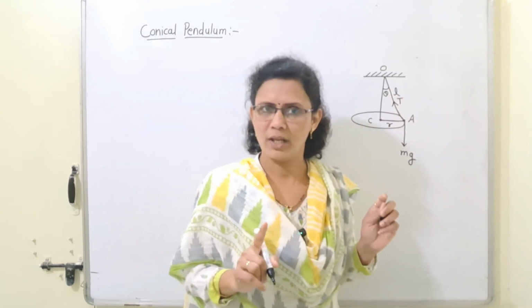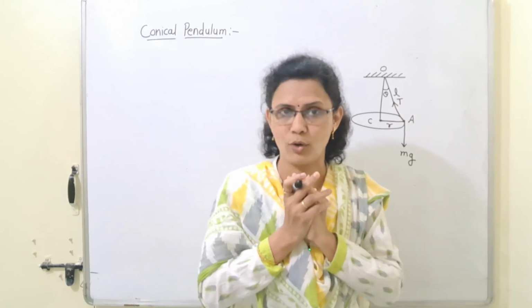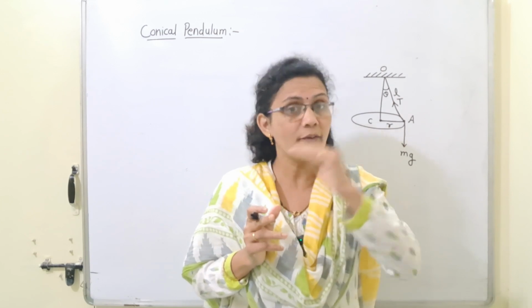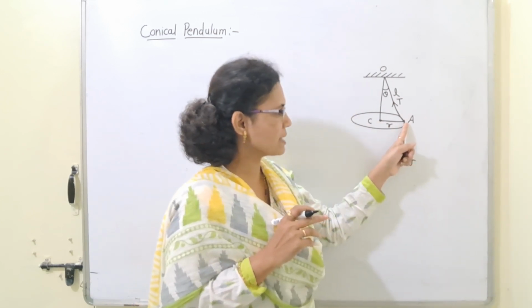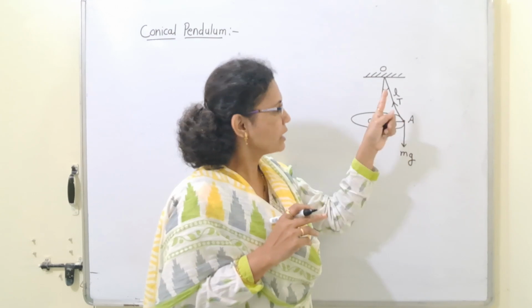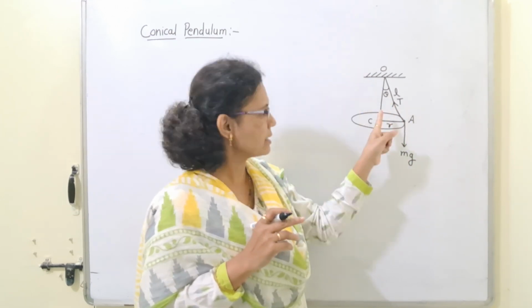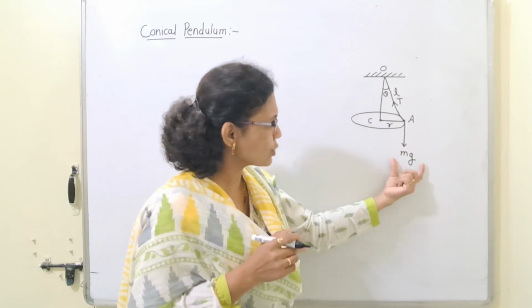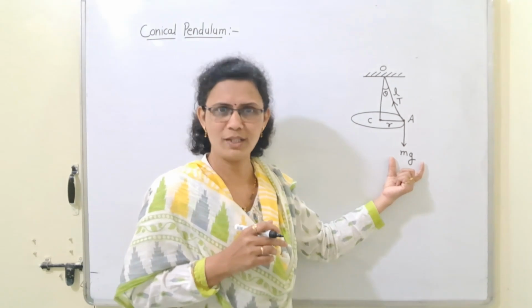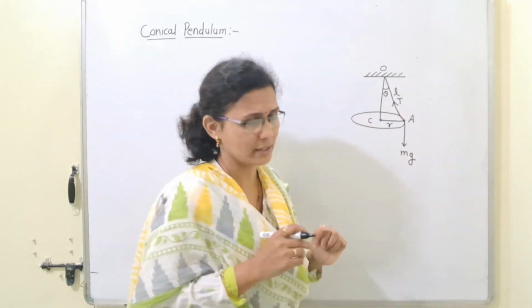Always remember, if tension acts on any body, its direction will be away from that mass. For the point mass at point A, the tension force acts away from the mass, in this direction. But there is no force which can balance the weight force mg, so I have to split this tension T.